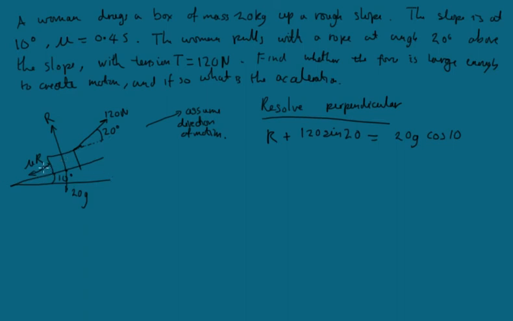Now because the friction acts parallel to the slope, there's no component of friction in the perpendicular. So we can use this to find out that R is 156 newtons.